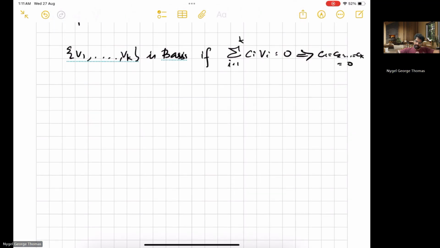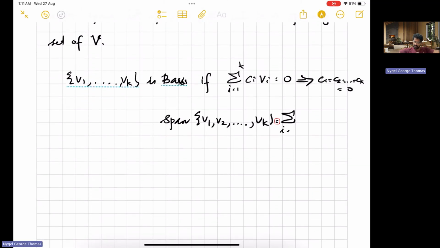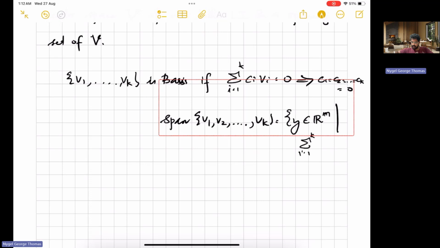Next thing is it's a spanning set. So the span of v1, v2, etc., vk is the set of all y's belonging to the space such that y is sigma i equal to 1 to k of ci vi.